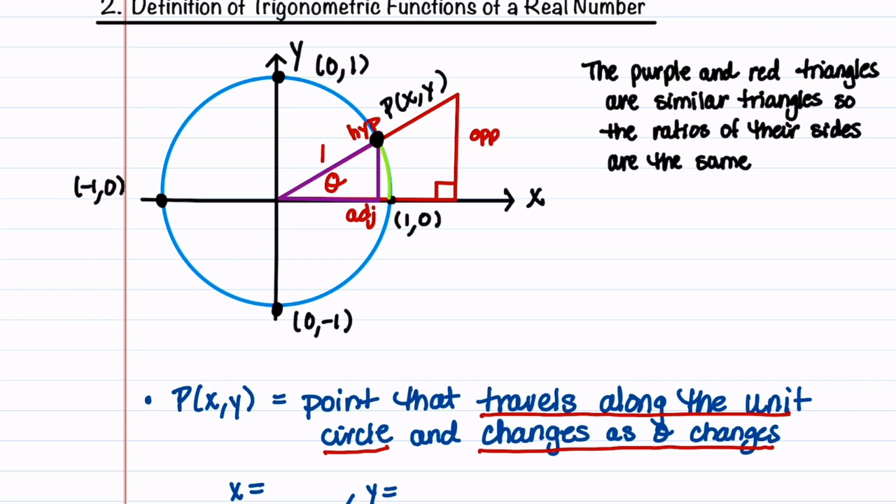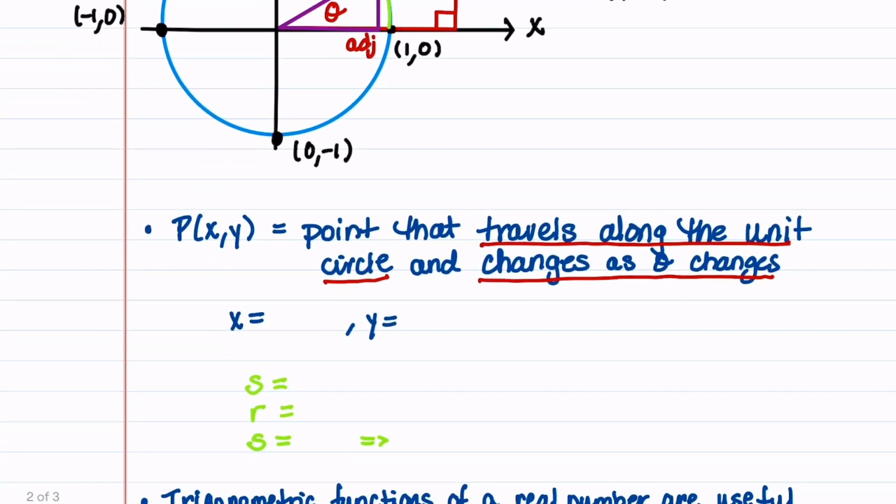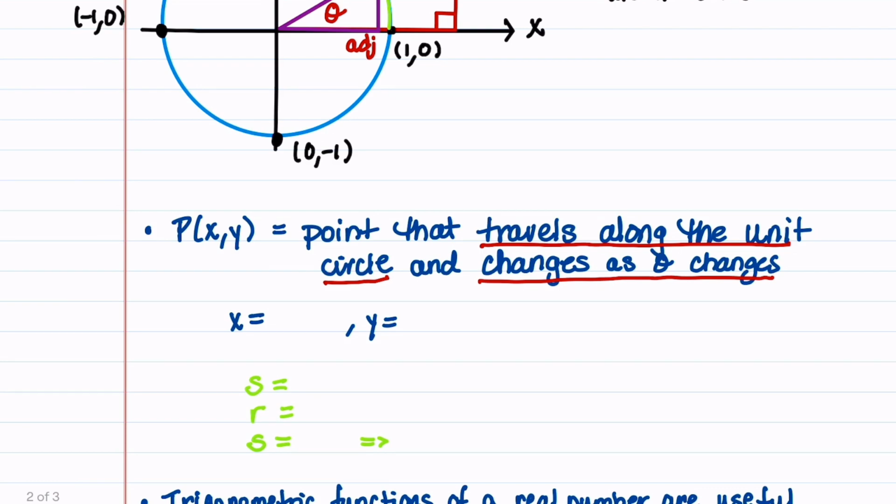Because our point travels along the unit circle and changes as theta changes, we can write x as our function x of theta, and y is a function of theta.